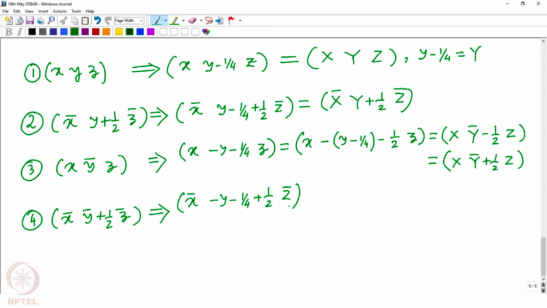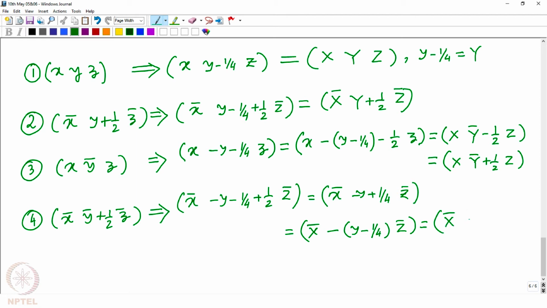So that simply means x bar, minus y plus 1/4, z bar, which is equal to capital X bar, minus y minus 1/4, z bar, which we should write as x bar, y bar, z bar, because this y minus 1/4 is nothing but y, and then we have a minus sign, so it makes it y bar.